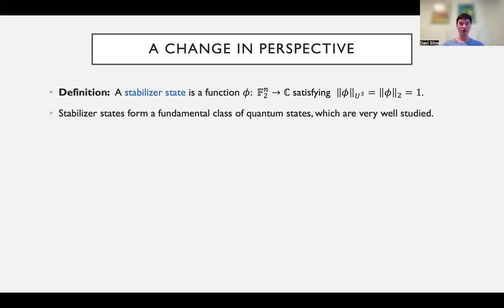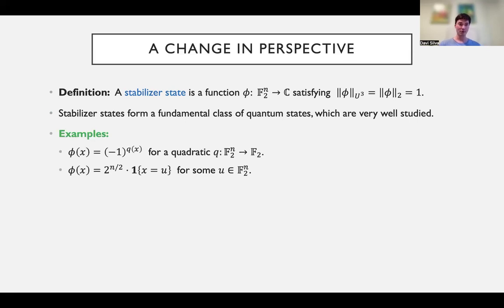And so, a posteriori, because those formulas coincide, we can define a stabilizer state, which is a notion from quantum information theory, as a function phi over F2 to the n satisfying this equation. So the U2 norm is equal to the L2 norm, which is normalized by 1. And these stabilizer states, differently defined of course, but in an equivalent way, form a really fundamental class of quantum states, and they are very well studied.